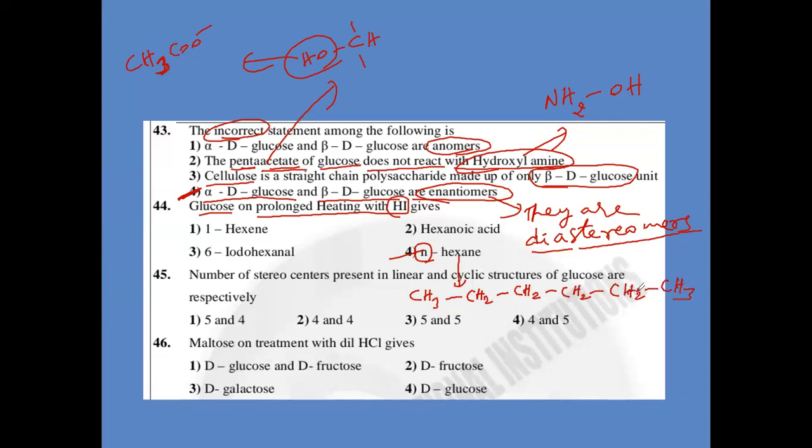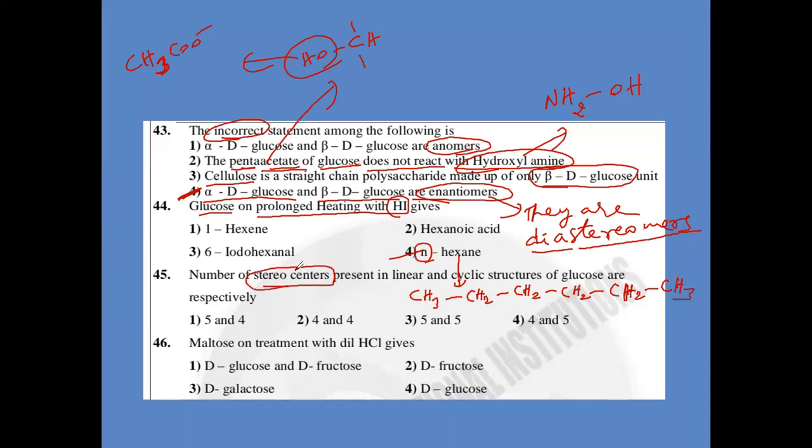So like this, the glucose molecule will change completely into n-hexane in the presence of HI. I have given you the PDF with all chemical properties of glucose, so it is there. So glucose on prolonged heating with HI gives n-hexane.